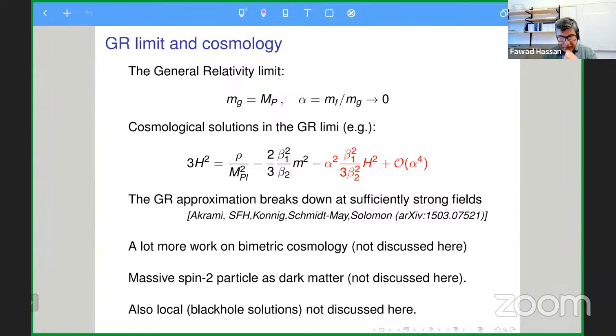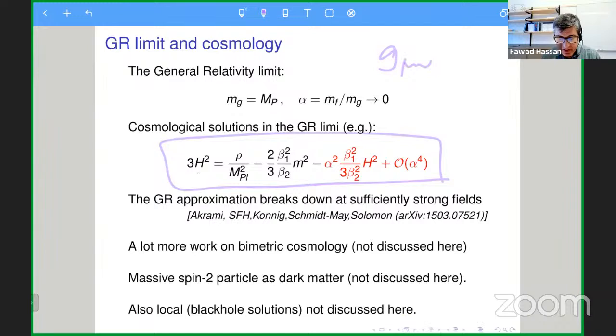Now, there is a lot of work done on the cosmology of these bimetric theories. I will not talk about that, but just to give you a feeling, you can fix the matrix G mu nu to be your gravitational matrix, and you can have FLRW ansatz for them. Then the equations of motion look like this.